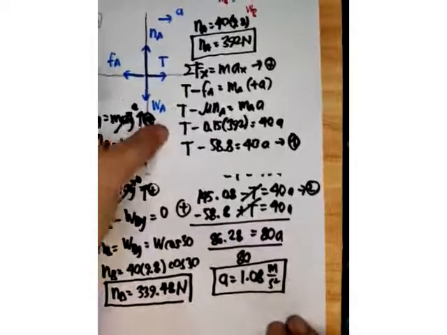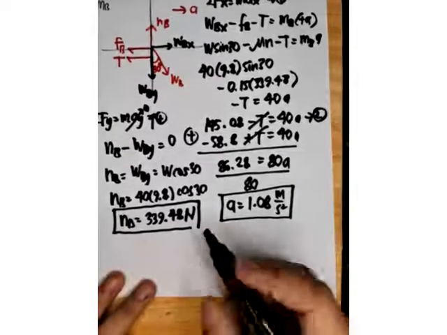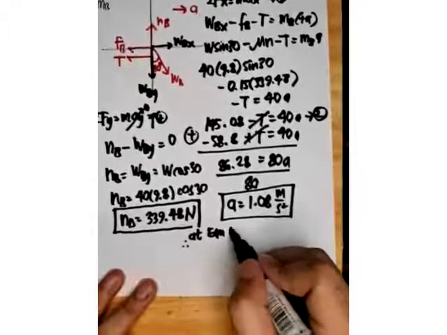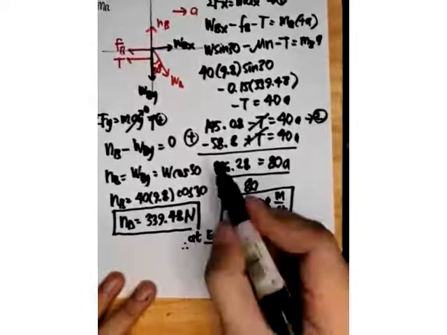Ayan. Tama ba? 145 minus 58.8 divided by 80. Okay, 1.08. Okay. So therefore, at equation 1, doon natin kukunin yung tension. So equation 1 ito.